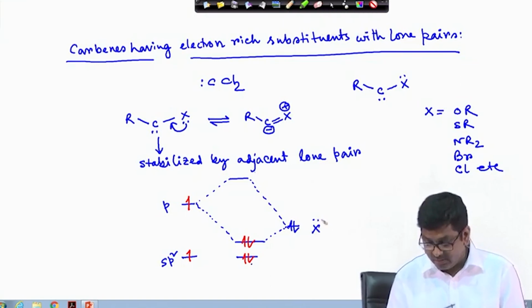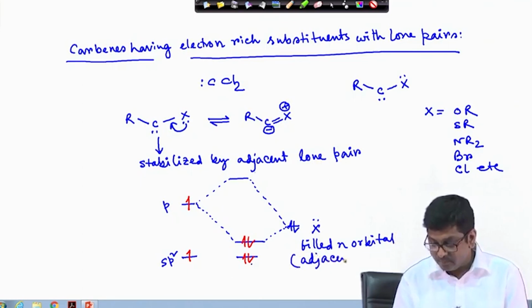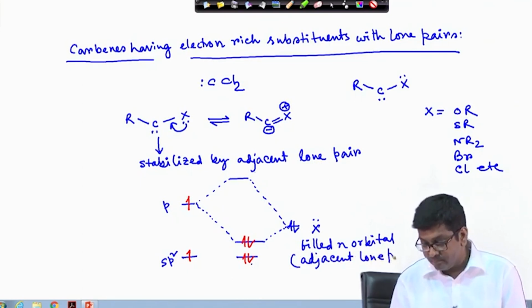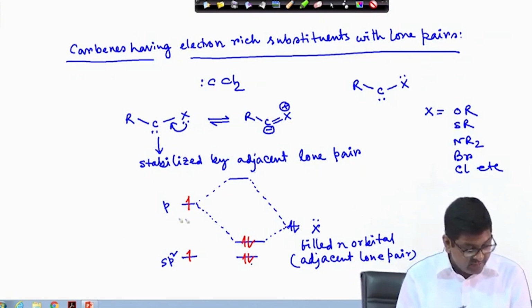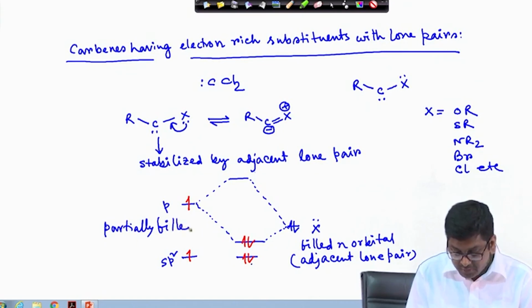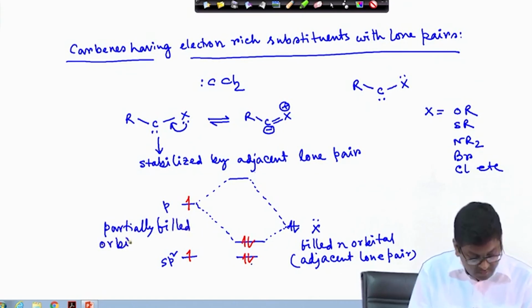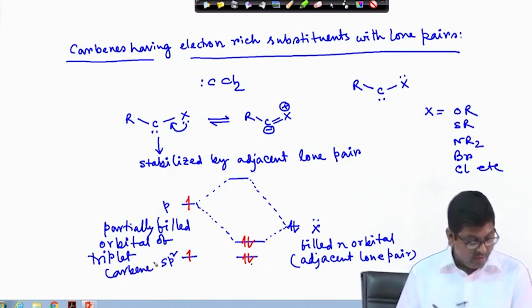And this is the filled n orbital, okay. This is the adjacent lone pair. Now, this is the partially filled orbital of triplet carbene, fine.